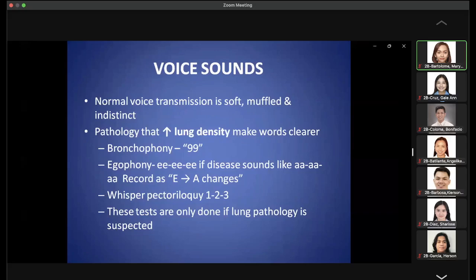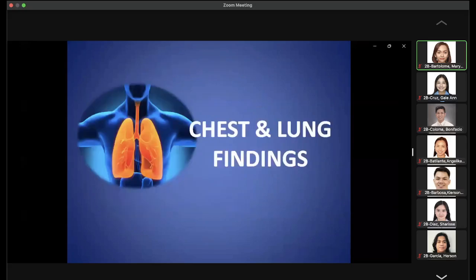For bronchophony, you instruct the patient to say 99. For egophony, you instruct the patient to say E. If the E sounds like A, it's positive for consolidation. Then whispered pectoriloquy. These tests are only done if lung pathology is suspected.